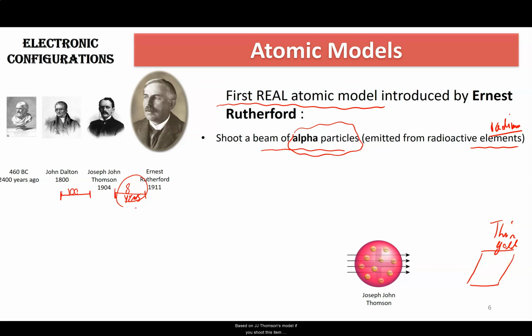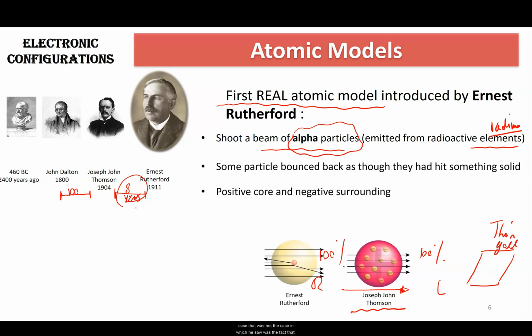Now, based on J.J. Thomson's model, if you shoot this atom, or the atomic model, whatever that is, with the alpha particles, let's say you have 100% alpha particles starting on this side, you would typically expect that once they pass through that atom, you would get 100% of those alpha particles recovered on the other side. But surprisingly, that was not the case.